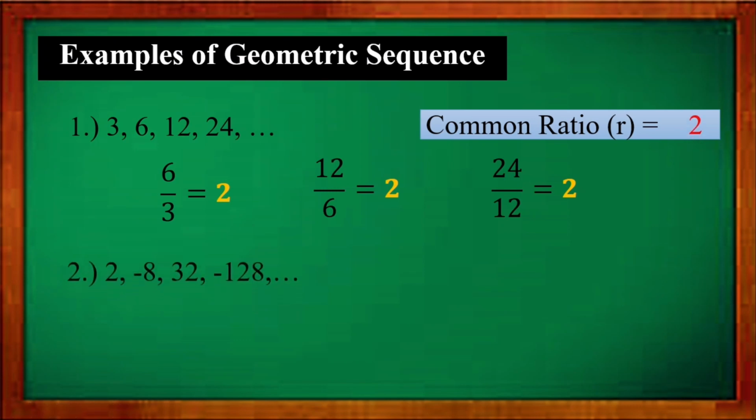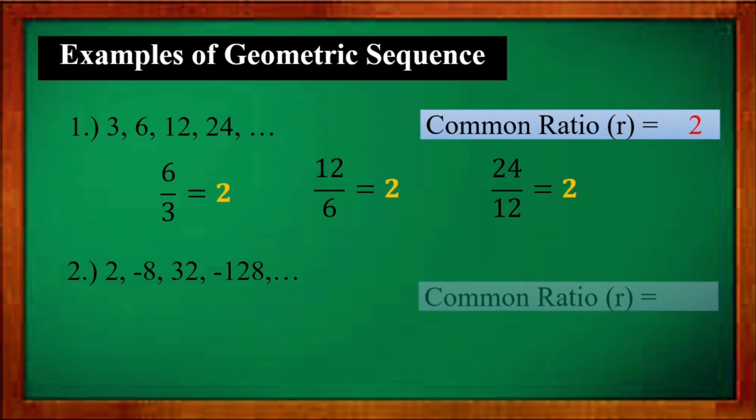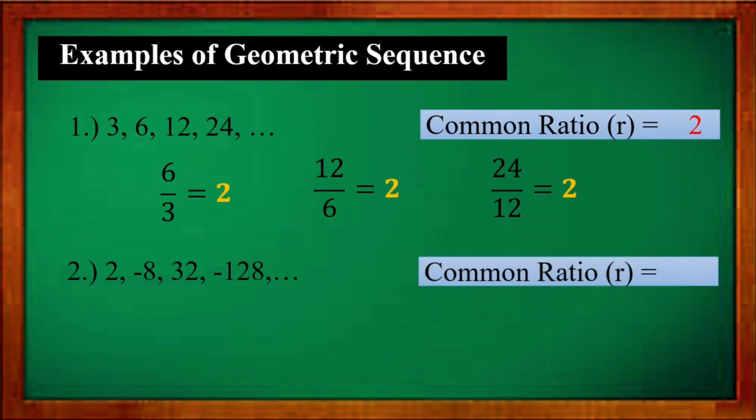Another example, we have the sequence 2, negative 8, 32, and negative 128. Again, we are going to know if it has a common ratio or not. Let us know that by getting its ratio. Negative 8 divided by 2 is negative 4. Next, 32 divided by negative 8 is also negative 4.